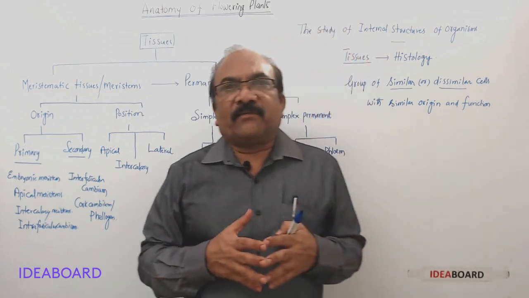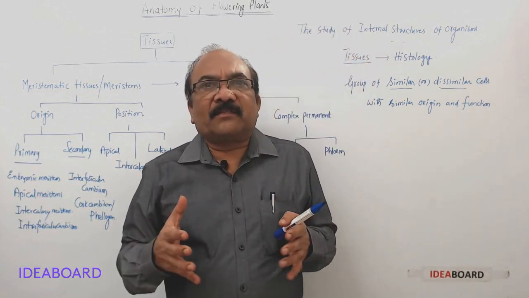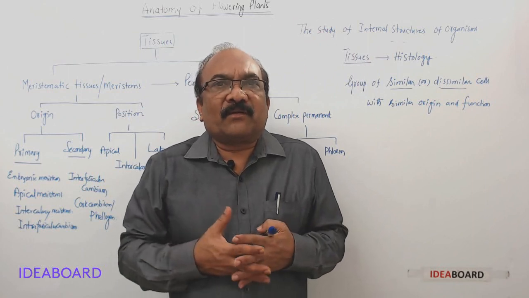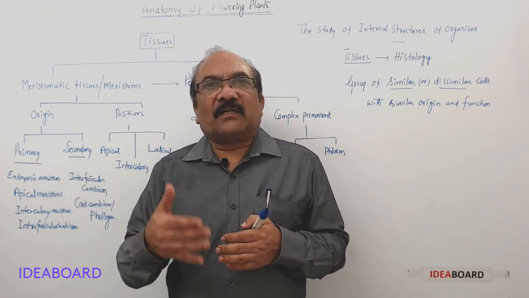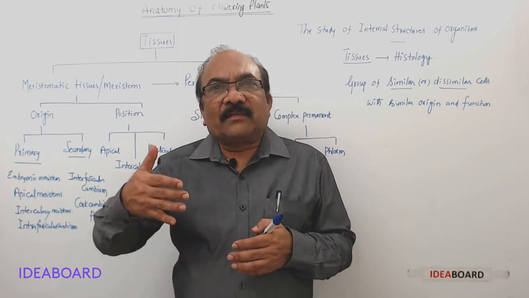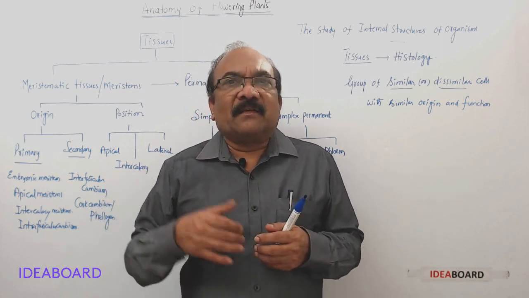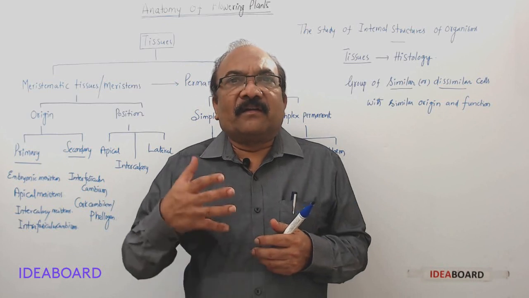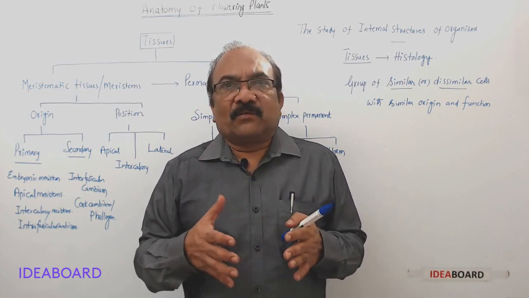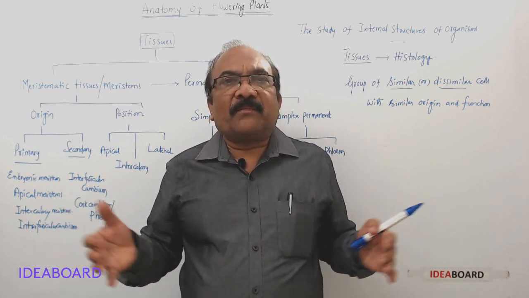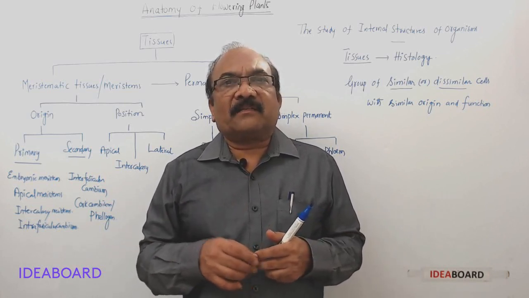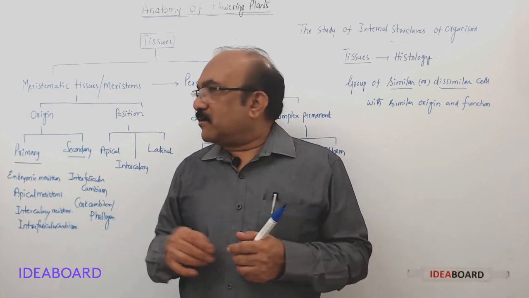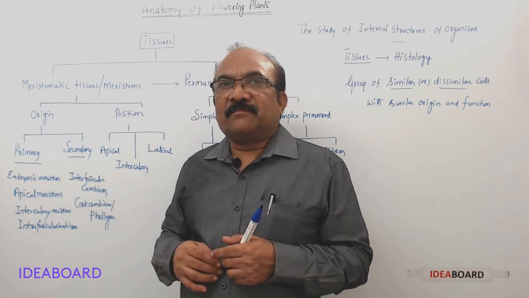So in the life of the plant, the meristems that are present right from the embryonic stage are called primary meristems, and those that are formed during the growth of the plant at a later stage while it is maturing, the new tissues which increase the girth of the cylindrical organs of the plants like roots and stems, are called secondary meristems.